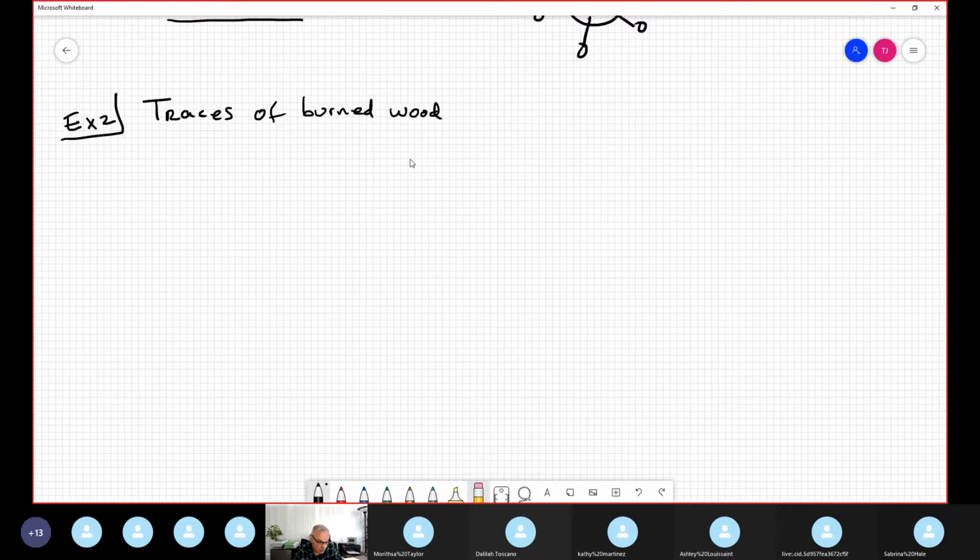Suppose that we are archaeologists and you found traces of burned wood, antique, along with ancient stone tools.